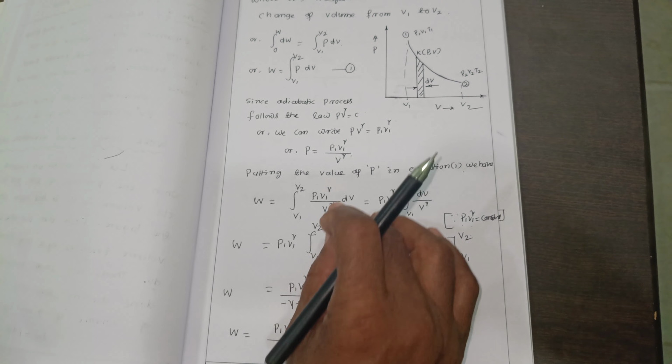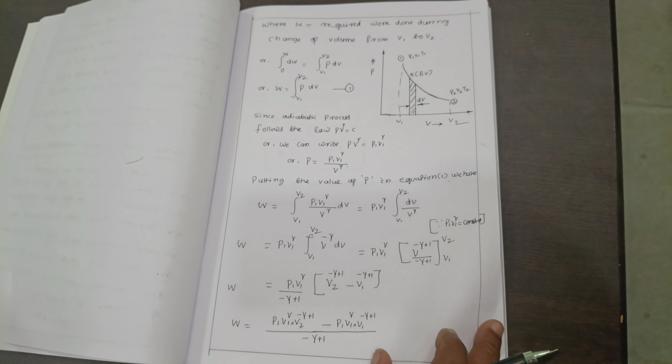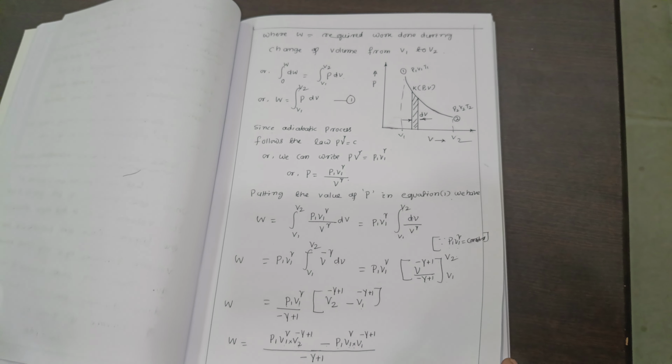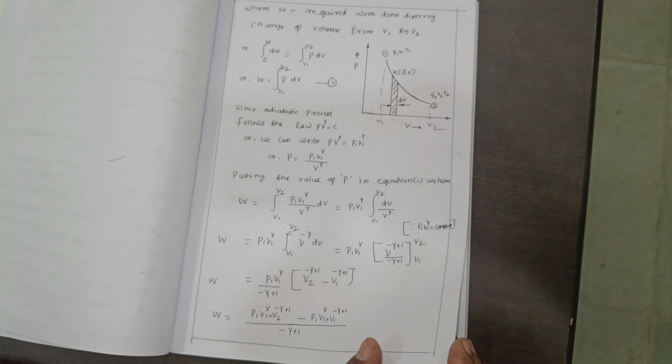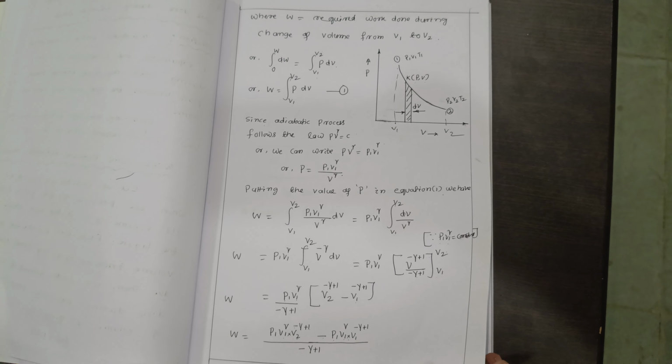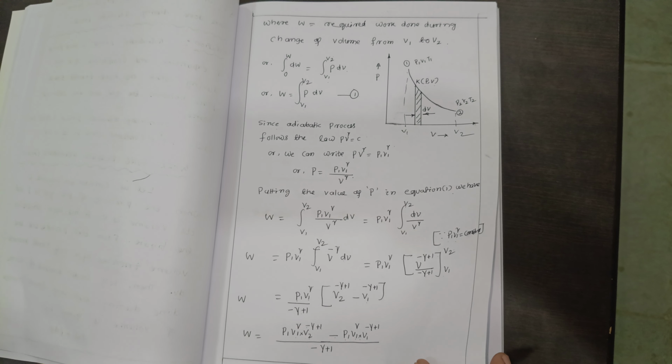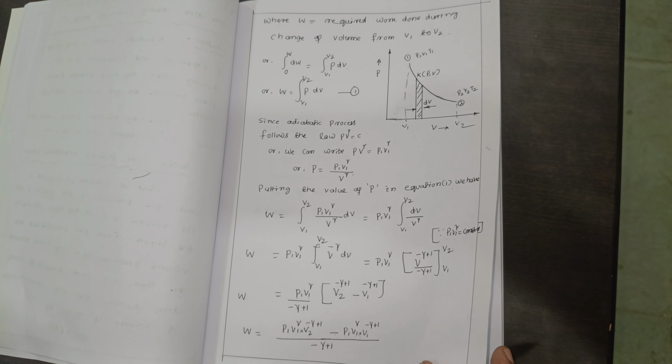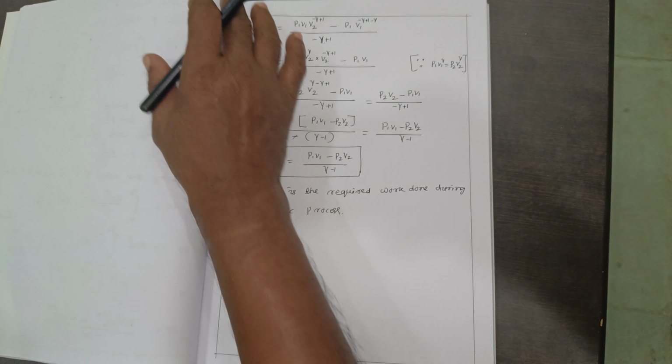Actually this derivation is similar to the polytropic process. In a polytropic process it is written P V to the power n is equal to constant, but for adiabatic process P V to the power gamma is equal to constant.